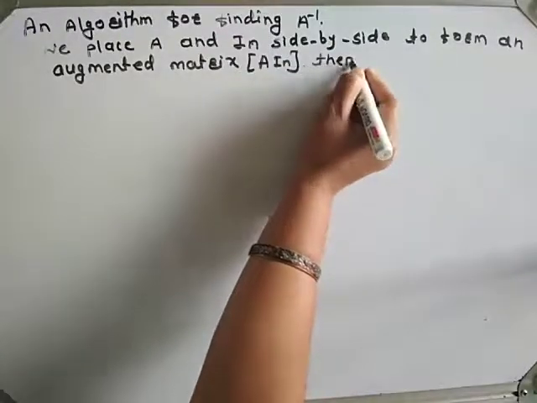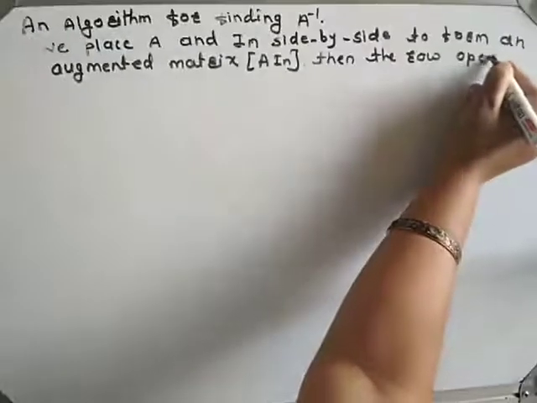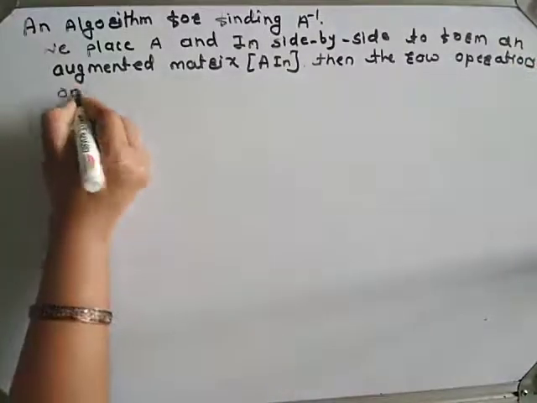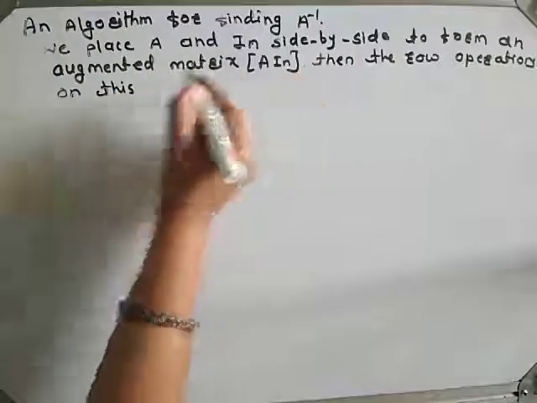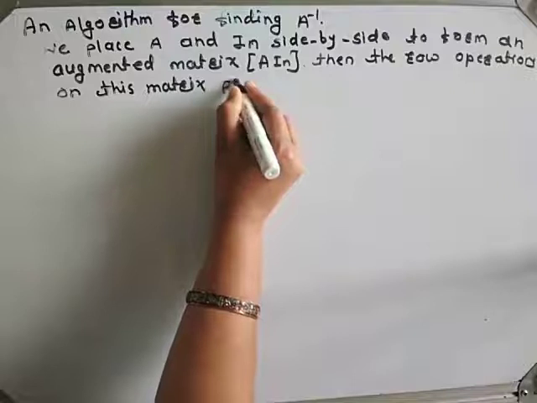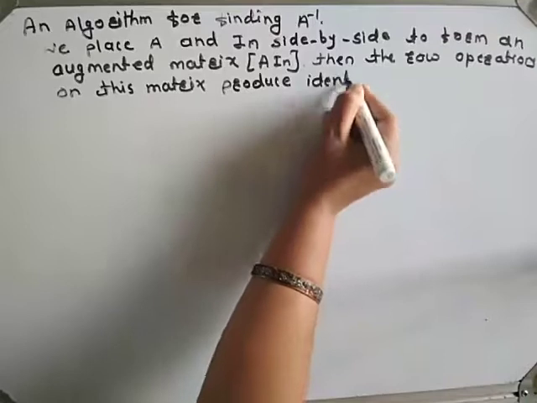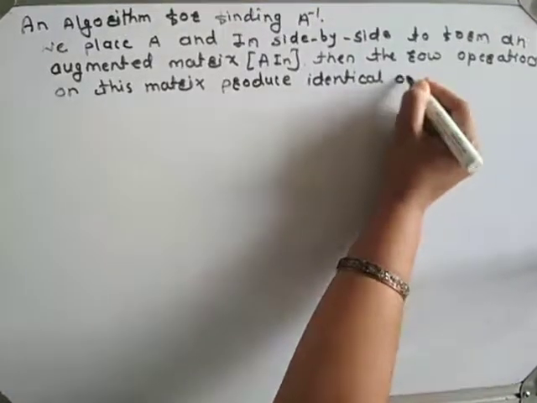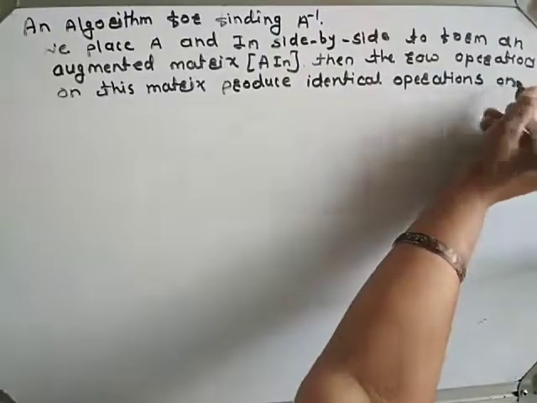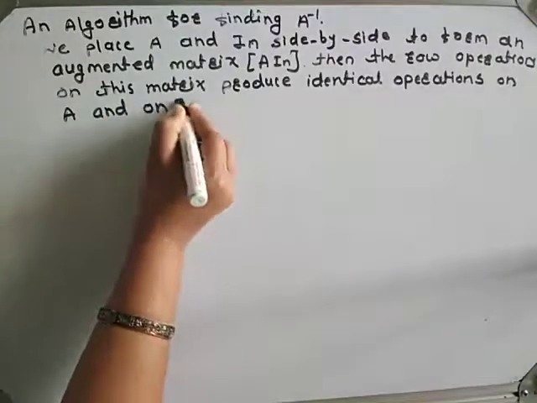Then the row operations on this matrix produce identical operations on A and on In.